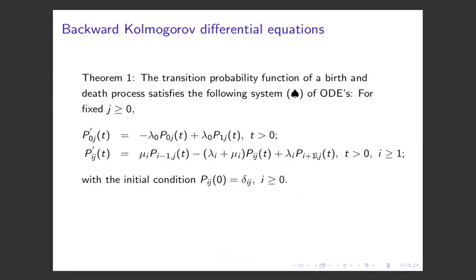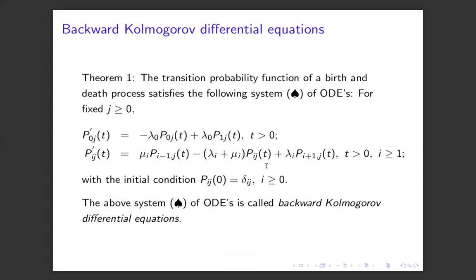And for i greater than or equal to 1, we have this with the initial condition. So this system of ODEs is called the backward Kolmogorov differential equation. Please note it.